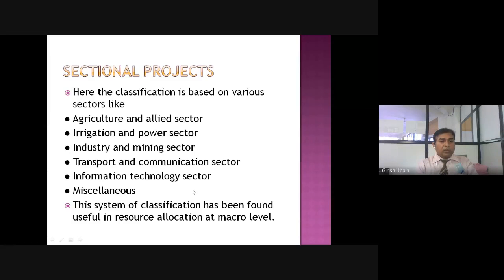This system of classification has been found useful in resource allocation at the macro level. The reason I told you why such classification is done is that you want to do some kind of resource allocation, or you want to identify sector-wise how India is doing. India is doing very well in the IT sector, and India needs to work on the transport and communication sector, things like that.